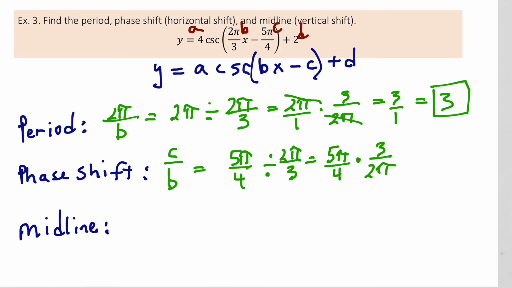So I can cross out my pi's. So I'll have 15 over 8, it looks like. 5 times 3 is 15, 2 times 4 is 8. So I have a phase shift of 15 over 8, and I have a negative here, so that means I have a 15 over 8 phase shift to the right.